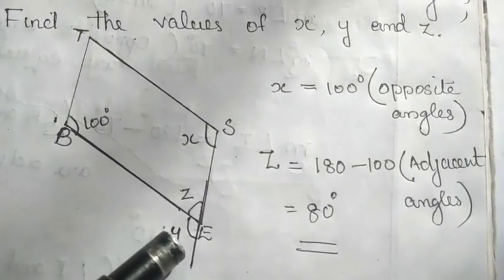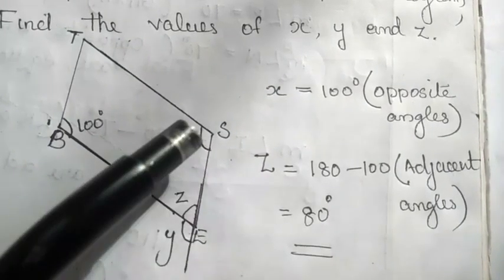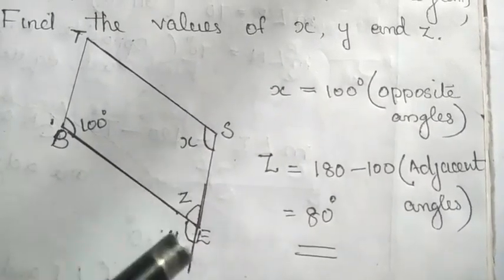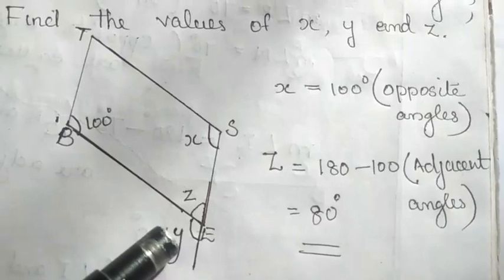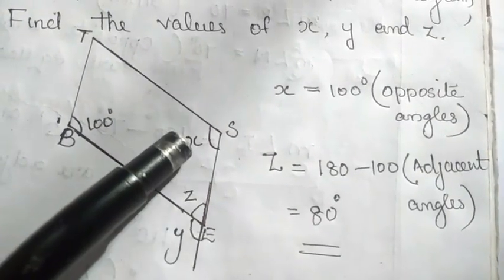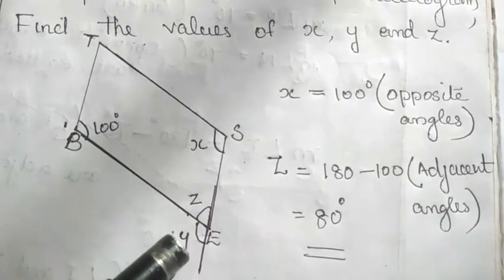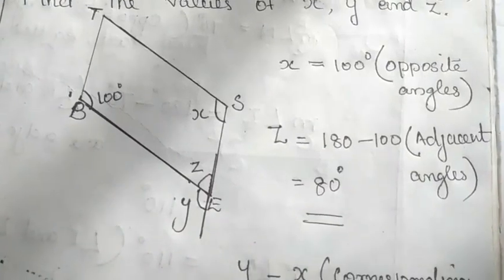You have studied this last year. When a transversal cuts a parallelogram, the corresponding angles are equal. So y equals x. That means y equals the same measurement, 100.